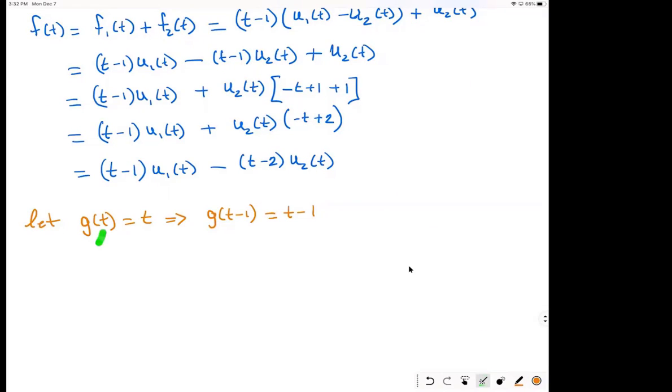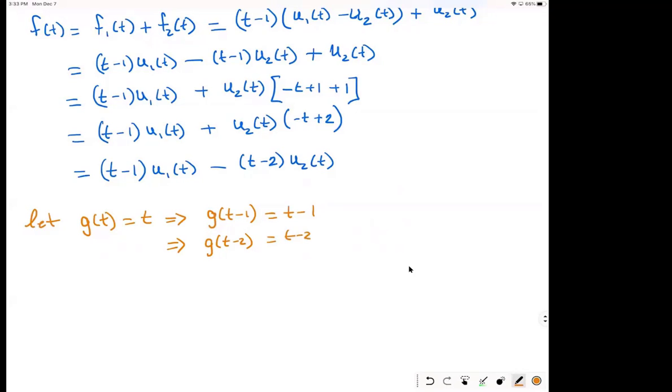So I put in t minus 1 there. I put t minus 1 where I see t, and I get this. And the reason I've done that is then I will substitute this g of t minus 1 for the t minus 1. And then also I get g of t minus 2 equals t minus 2.